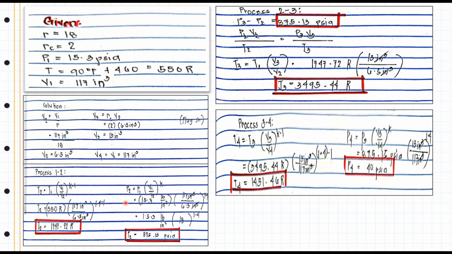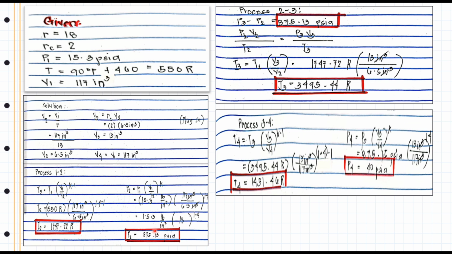And for our P2, we are going to use this formula: P2 equals P1 times V1 over V2 raised to k.